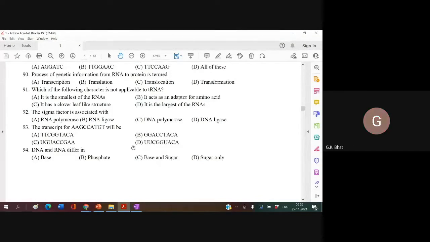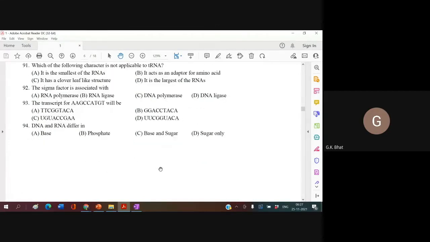U. So this A, U. That means option D. 94. C. 94 is C. DNA and RNA are different in base and sugar.